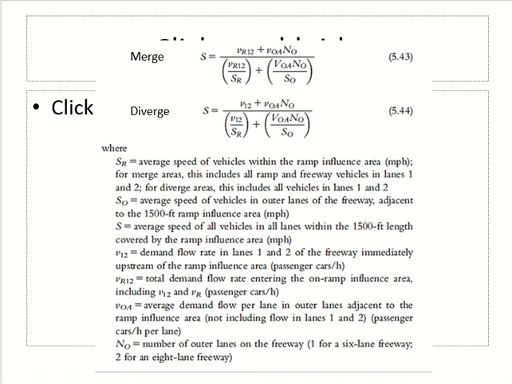V12 means total ramp plus first two lanes, VOA outer lane, NO is the number of outer lanes. SR is speed in the influence area, SO is speed in the outer lane. V12 is flow in the first two lanes, VOA flow in the outer lane, and so on. Clear?